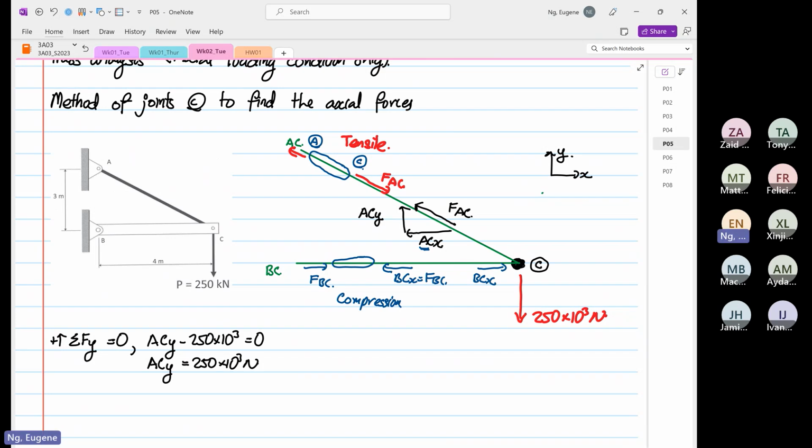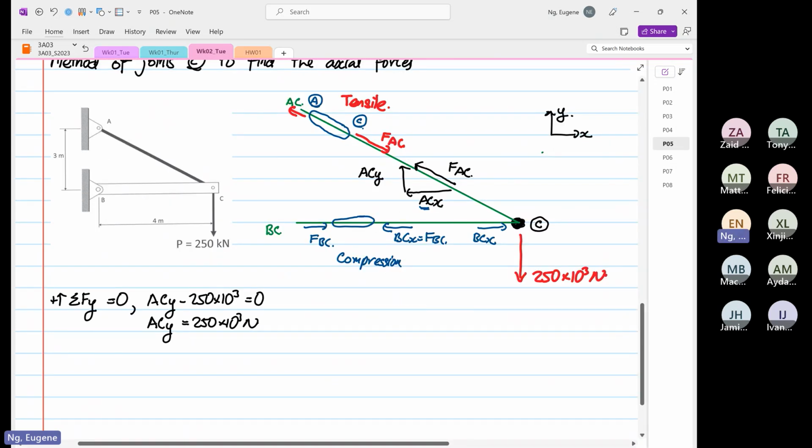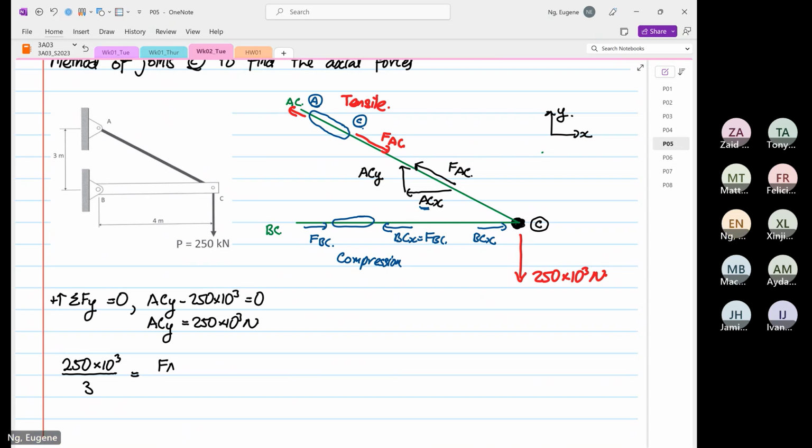Okay, and we are going to find FAC. So I'm going to use similar triangles. Okay, so 250 times 10 to the power 3 divided by 3 will be equal to FAC over 5.